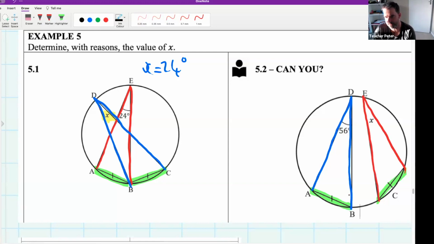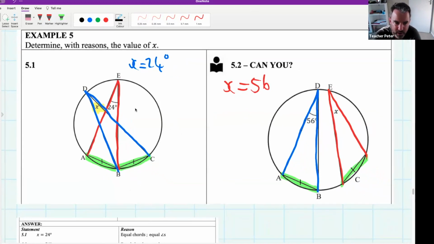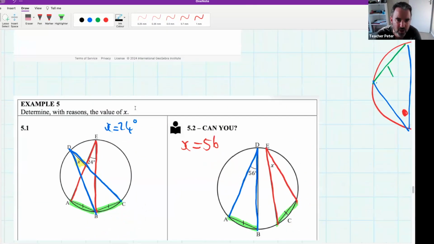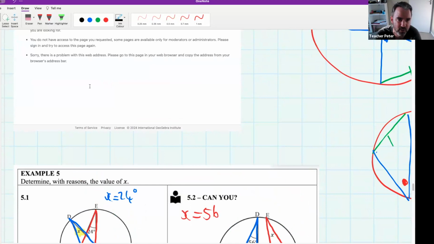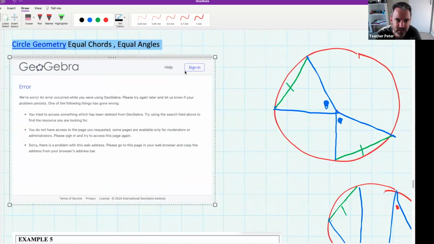Again, if the chords are equal, they're going to subtend angles at the circumference that are equal, and X would be 56. Now, you might say, oh my goodness, how do you know all this? There is something called proofs that we can use to prove that this is true. But for now, you're taking it on my word. I was hoping to show you an example here if the browser was working, but it feels like the animation is not happy.